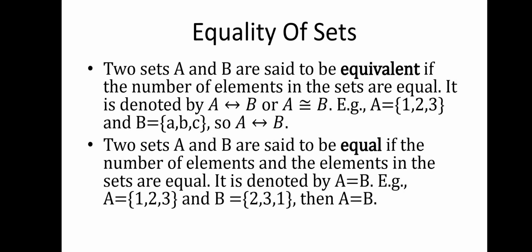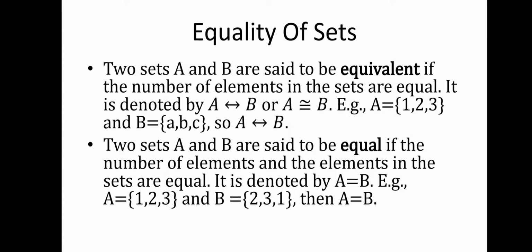Next, when I say two sets are equal, obviously not only the number of elements but the elements as well are equal. Now obviously the order of the elements is not important in a set. It is definitely not important how you are writing the elements. You can write the elements in any order you want, but still they remain equal.